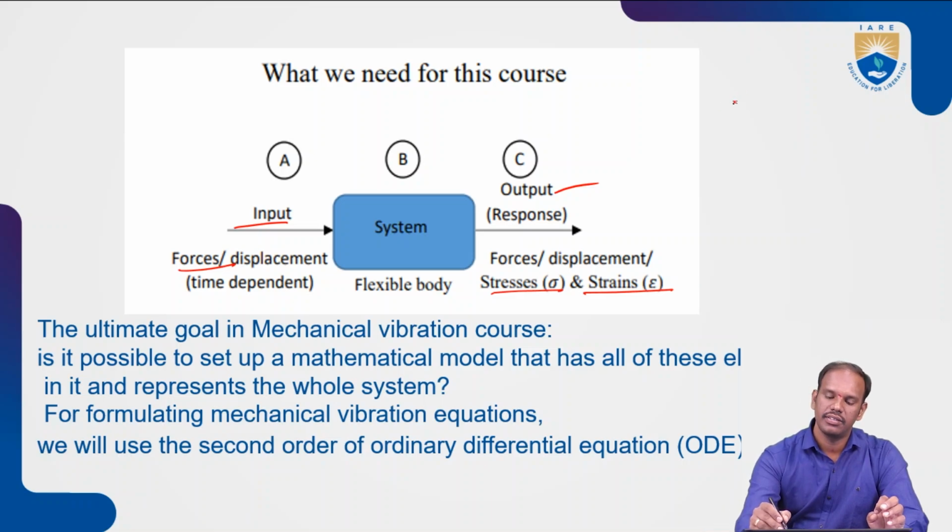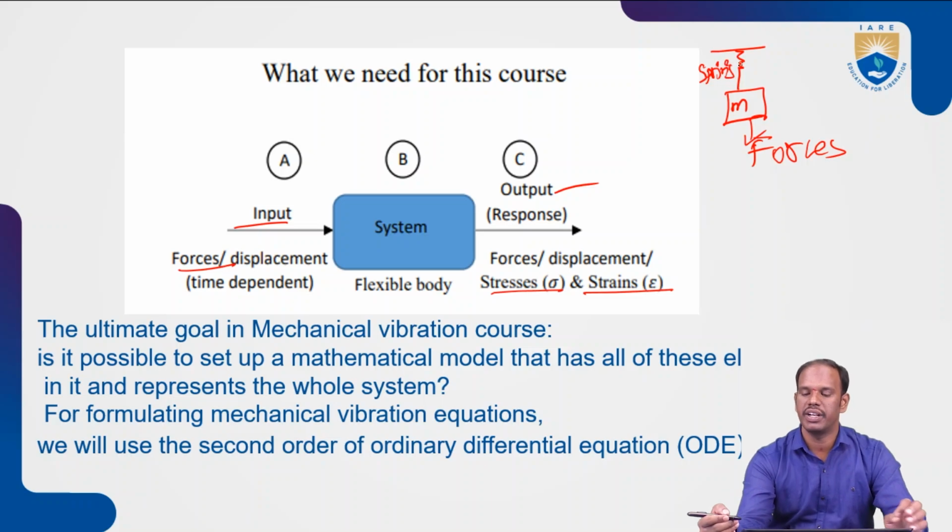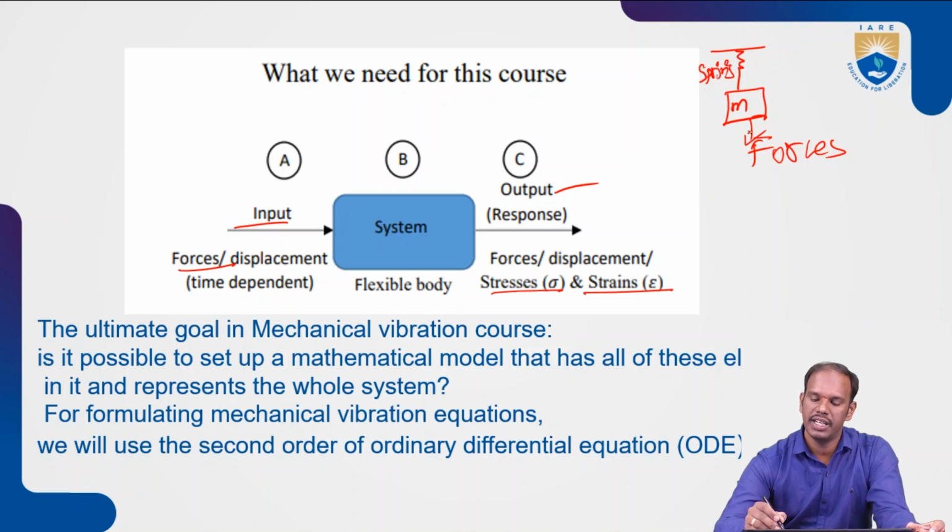So like a spring mass system, if you consider a spring mass system, and if you give the force F to this particular spring mass system, then it changes towards the next position.